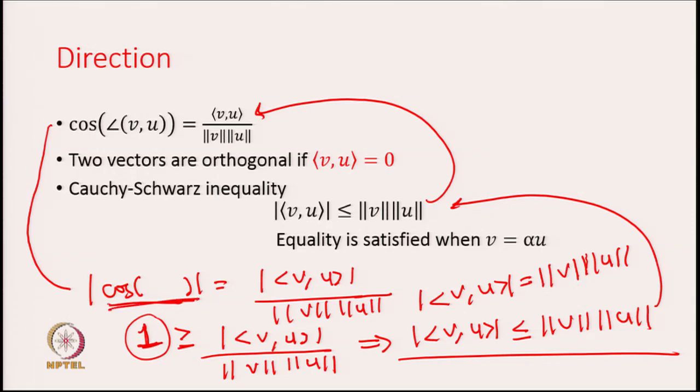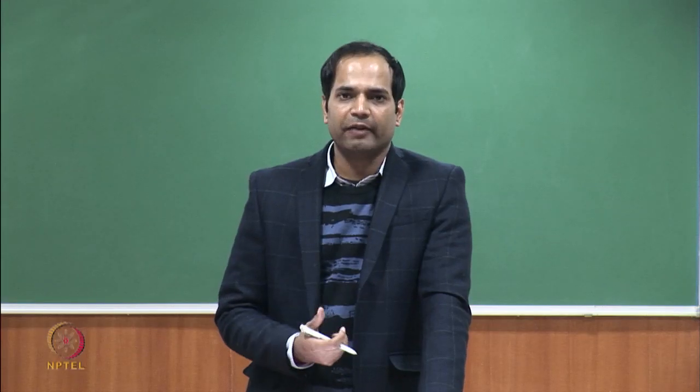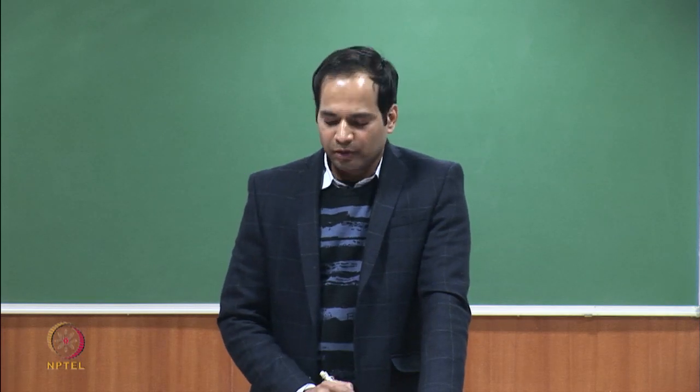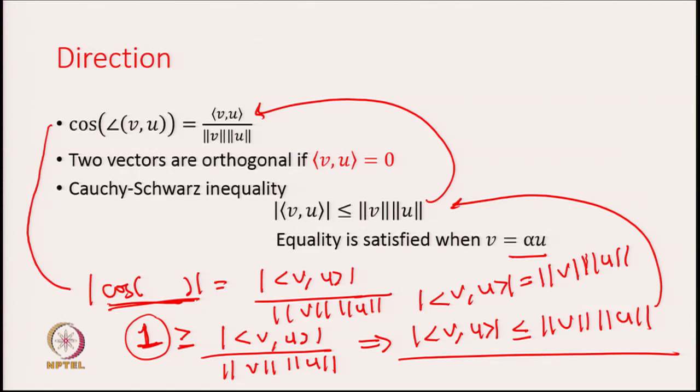When the angle between the two vectors is 0, so that cos of 0 is 1. Okay. So, this equality will exist only when this quantity is 1, which happens when the angle between the two vectors is 0. When the angle between two vectors is 0, we say that the vectors are collinear, they have the same direction. So, this equality will be satisfied when v is some scalar times the u vector.